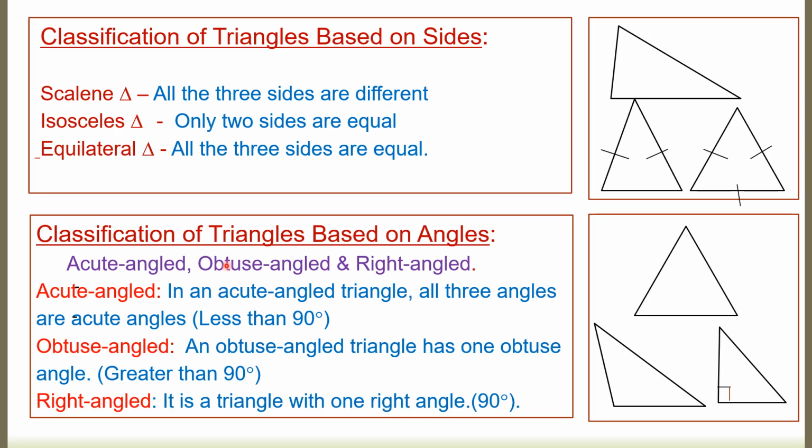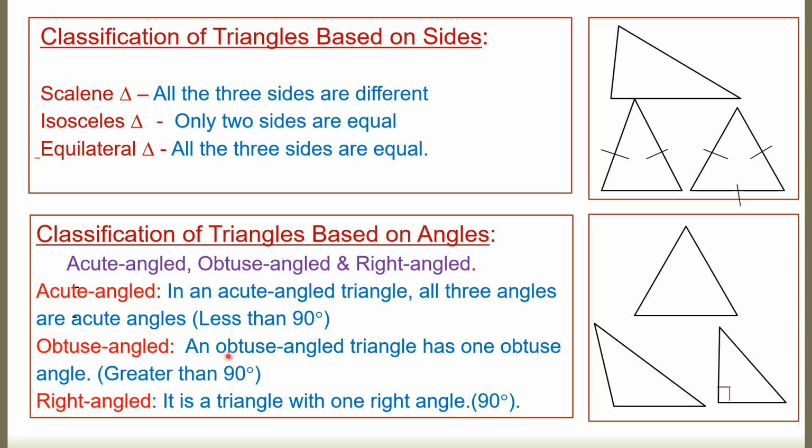Now the next one, classification of triangles based on angles. The first one is acute angled, second one is obtuse angled, and the third one right angled. In an acute angled triangle, all the 3 angles are acute angles, less than 90 degrees. In this triangle, all the 3 will be less than 90 degrees.